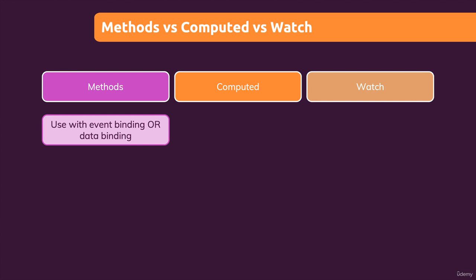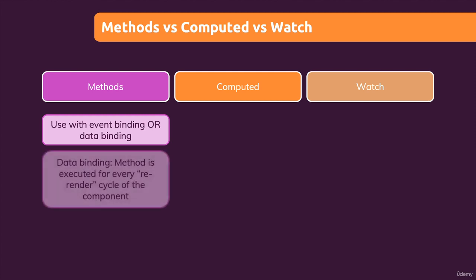And if you use them in the data binding use case, so if you use them between curly braces, for example, to outsource logic from the template to your Vue instance, then the method is executed for every re-render cycle of the component. So whenever something changes and the template is re-evaluated, every method that's called in the template will be called again. That's what I showed you a couple of lectures ago.